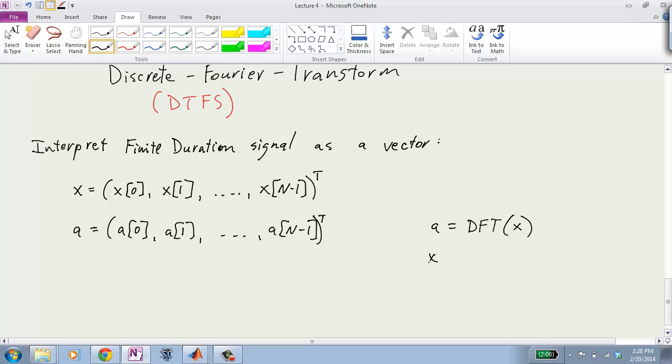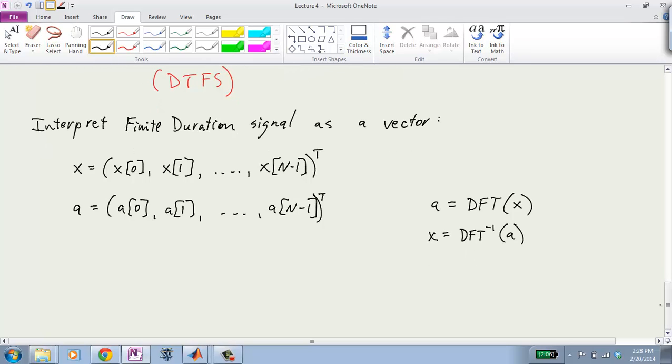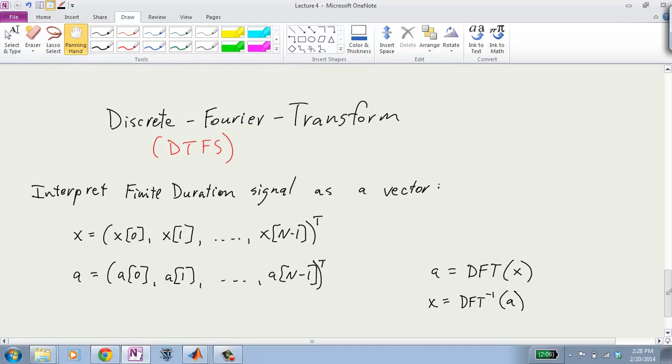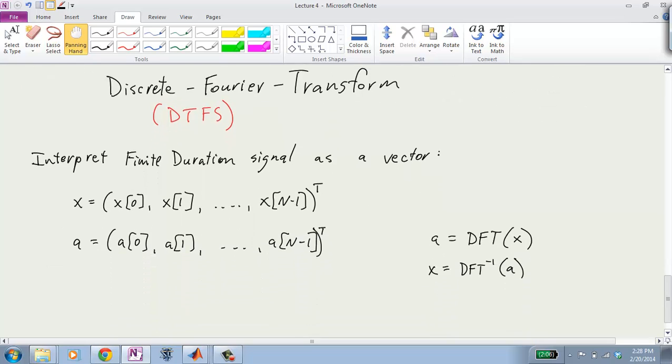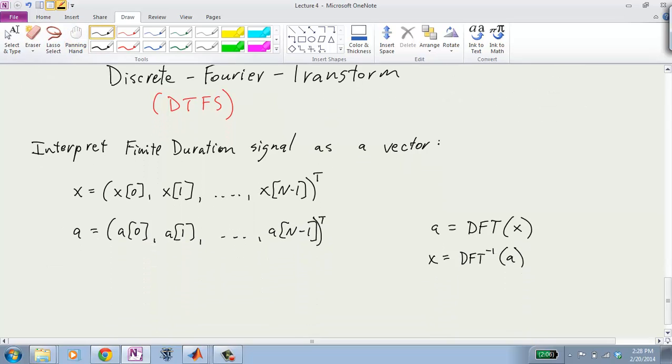Then x would equal the inverse DFT of A. Now, since we know the length of the vector, there's no need to specify the period, which you usually have to do in the discrete time Fourier series. In discrete time, the period is always implied by the length of the vector.